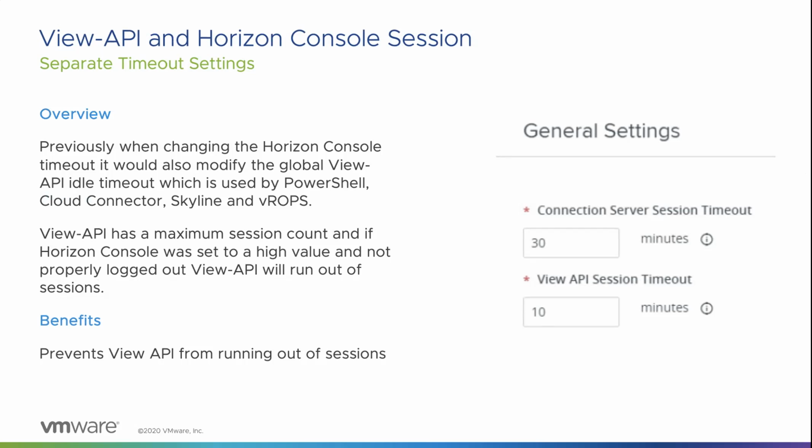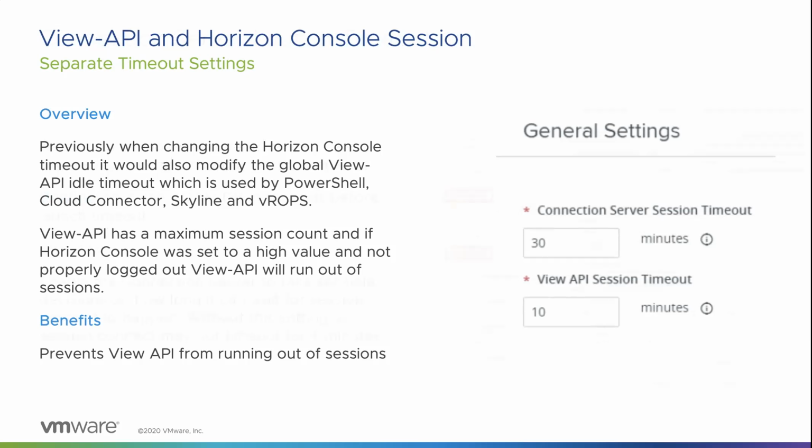And what would happen is there are many different solutions that use the View API: PowerShell, Cloud Connector, Skyline, vROps, etc. And the View API would essentially run out of sessions and cause some pretty major problems. So now you can basically separate both the HTML connection server timeout and the View API into separate settings.